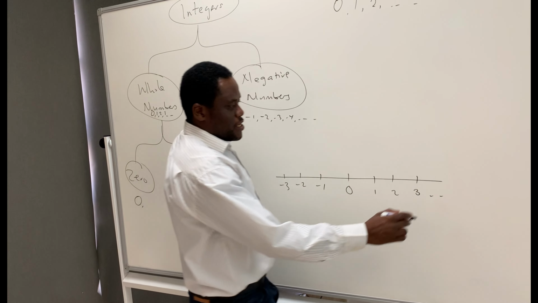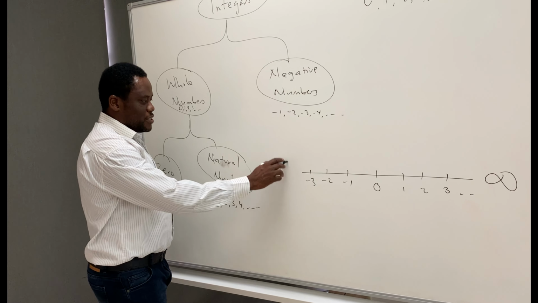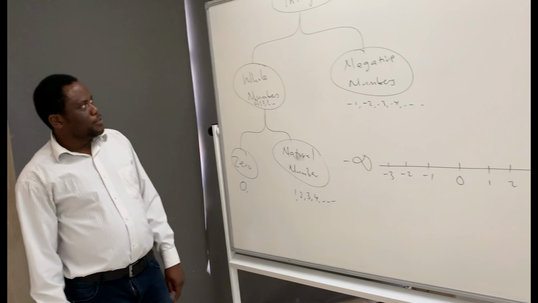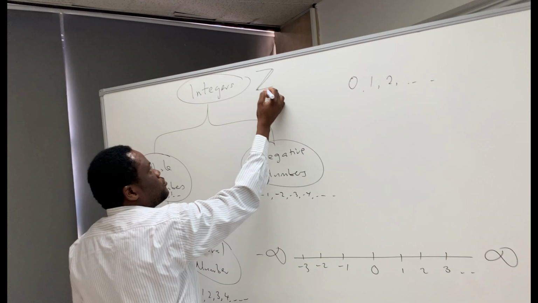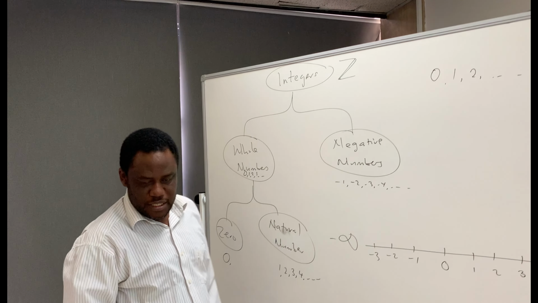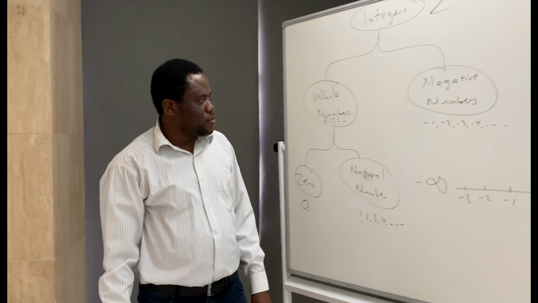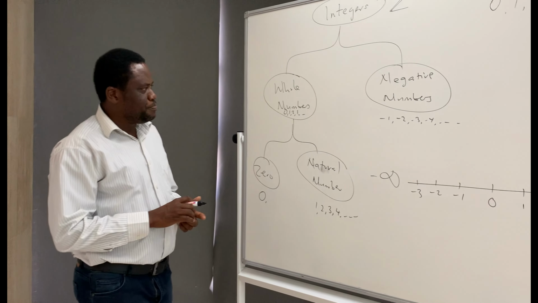We use this sign to represent infinity, and this is negative infinity. And we use Z to symbolize integers. So this is what we mean by integers.